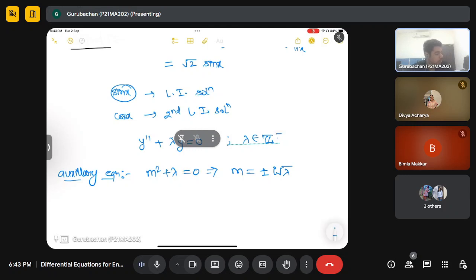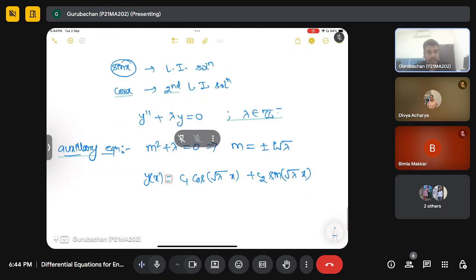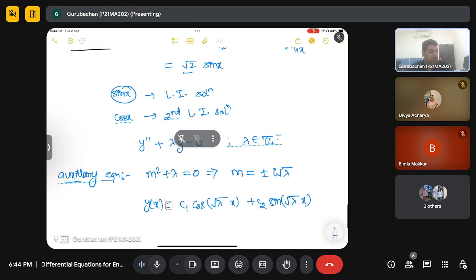This will imply that our yx will be C1 cos under root lambda x plus C2 sin under root lambda x. So this will be your solution. Here you are getting sin x as solution, and this constant will not matter.